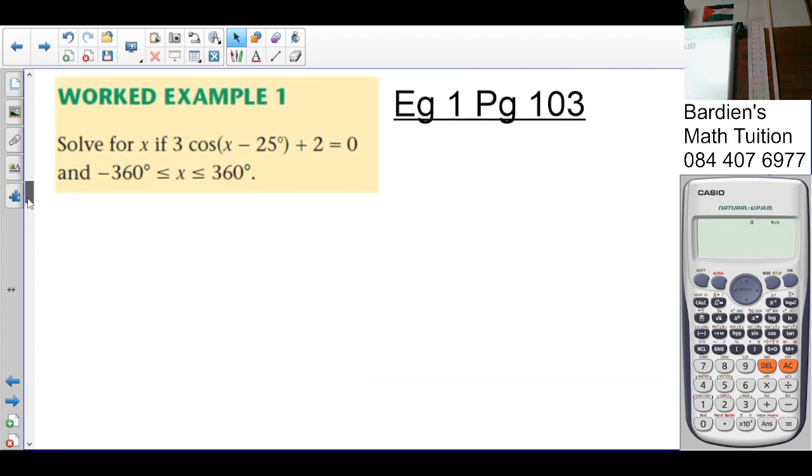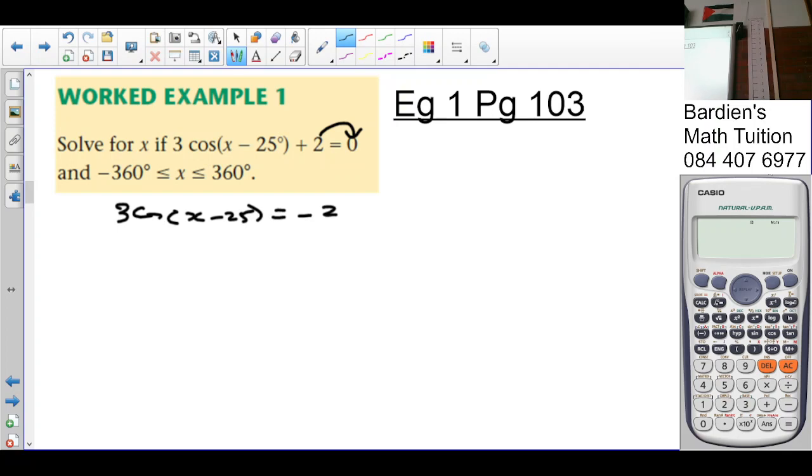So let's do this. We're going to determine the general solution first of 3 cos(x − 25) + 2 = 0. What's the first thing we need to do? Take the 2 over. So it becomes 3 cos(x − 25) = −2. Divide by 3 on both sides.